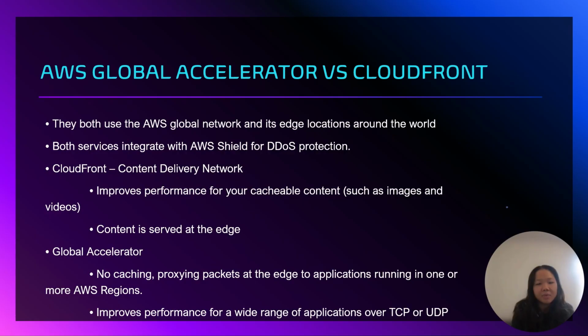Content is served at the edge. Global Accelerator has no caching, and processes packets at the edge to applications running in one or more AWS regions. It improves performance for a wide range of applications over TCP or UDP.